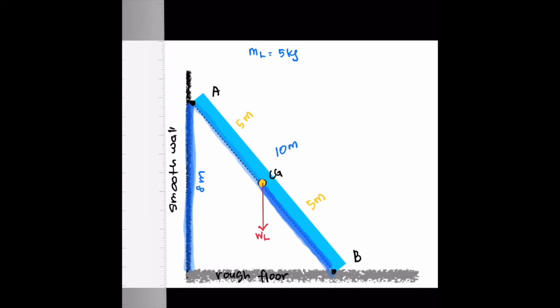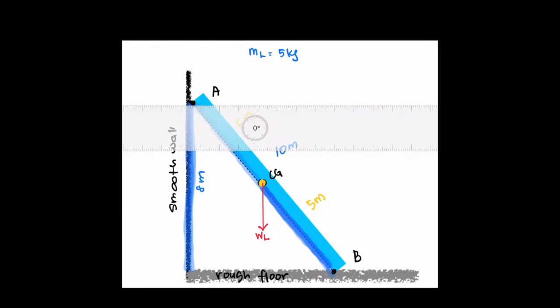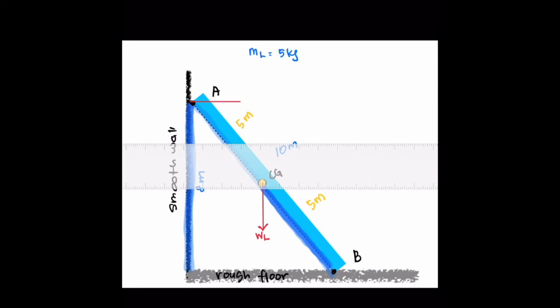The second one is when the ladder leans against the wall, which means the ladder touches the wall. When the ladder touches the wall, here we will have a normal force, which is perpendicular to the surface.